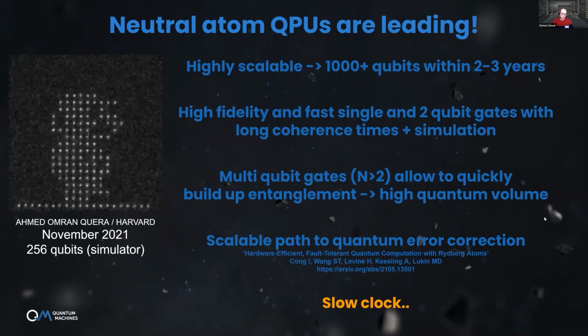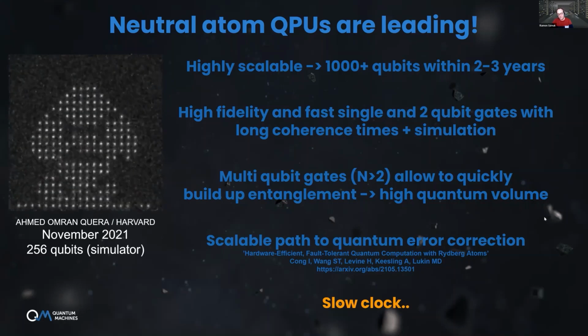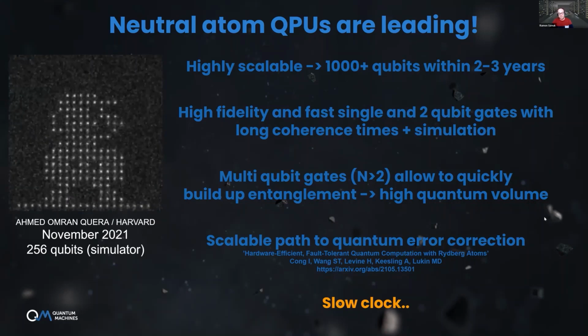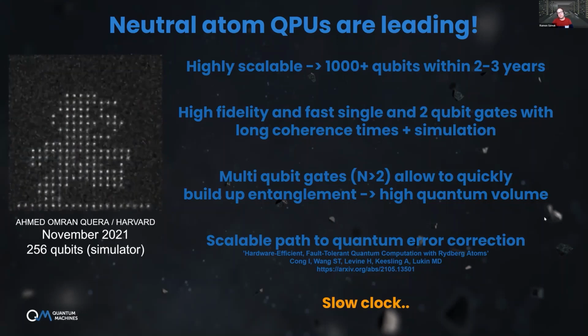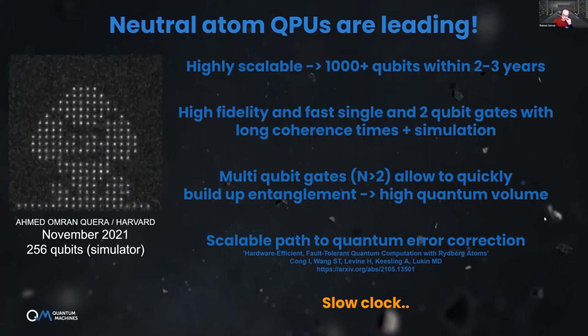This probably has to do with the fact that the superconducting and ion platforms are being promoted by very large corporations. But I believe personally that neutral atoms really have more than a fighting chance.